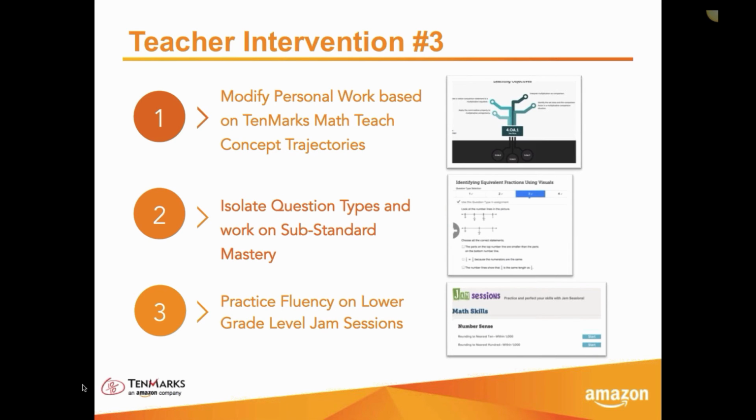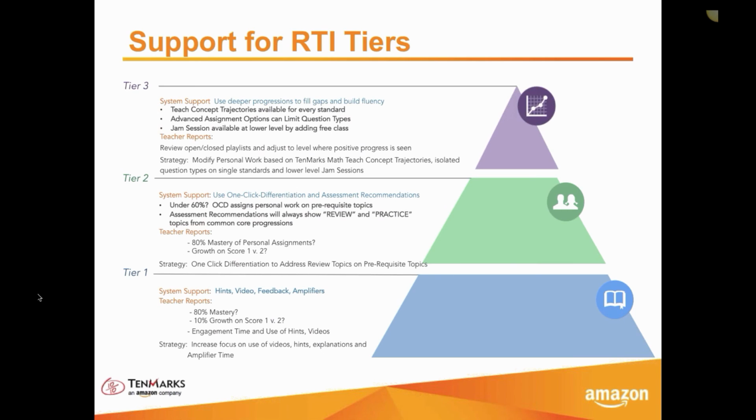I know this is a lot, but I hope that these suggestions have been helpful to you. Here is kind of a summary of the recommendations that we've been making, really kind of flipping this and saying, for your students who are struggling the most, what might you be able to do? And what we're really trying to do is use the deeper progression tools to fill the gaps and build fluency and help the students work their way back up based on personalizing the work for them.